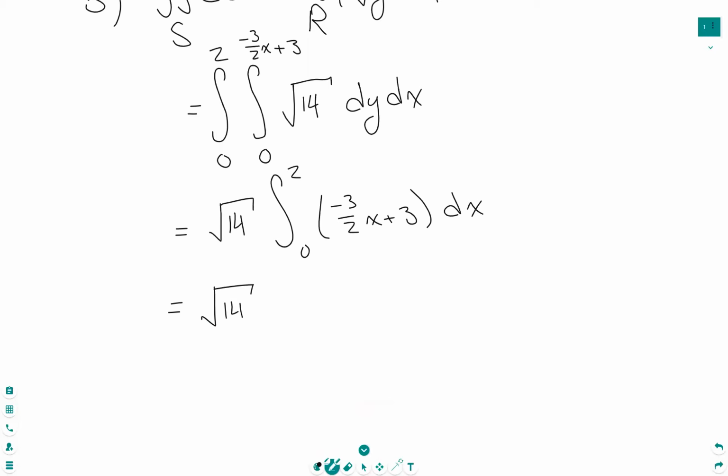Square root of 14 times negative 3/4 x squared plus 3x, from x equals 0 to x equals 2. Or 3 root 14. Perfect.